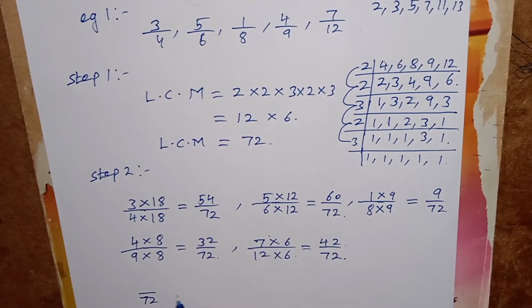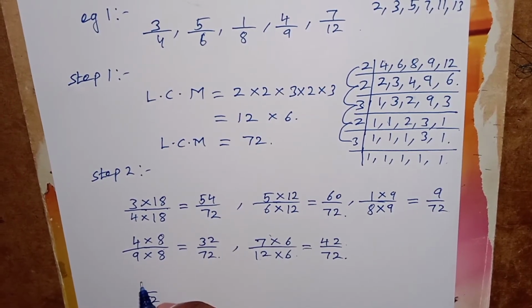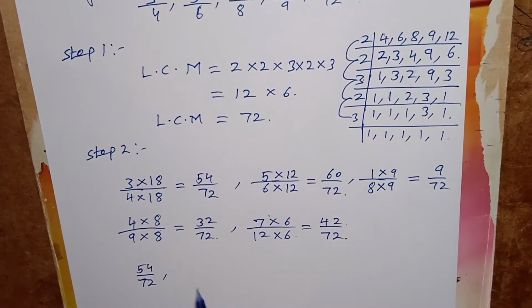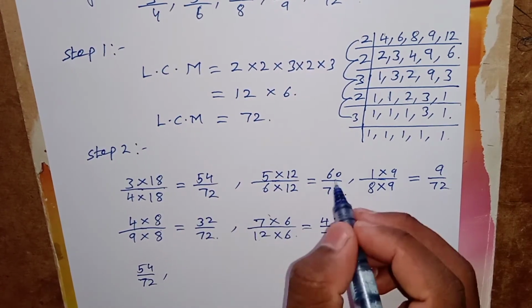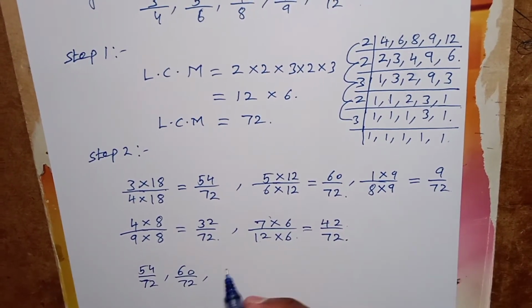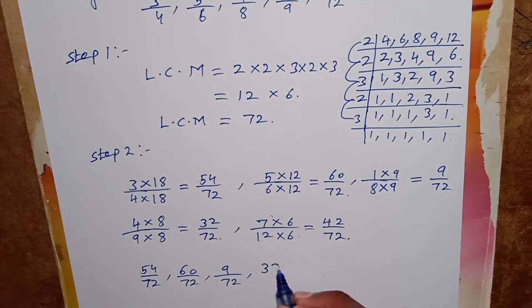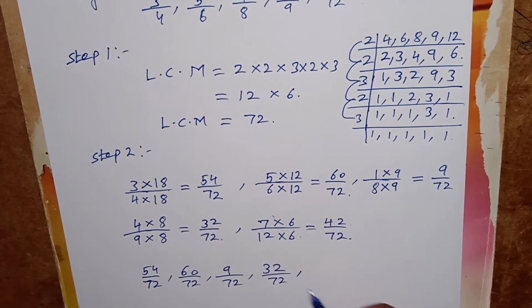Okay, first 54 by 72. Next 60 by 72. Here 9 by 72. Here 32 by 72.